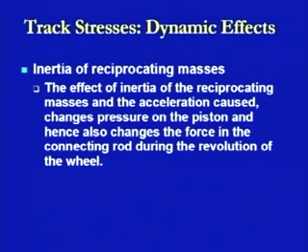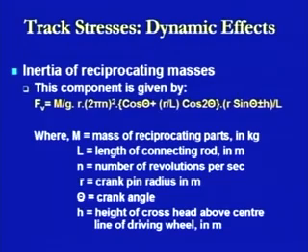There is another case, which is the inertia of reciprocating masses. The effect of the inertia of reciprocating masses and the acceleration caused changes pressure on the piston, and hence also changes the force in the connecting rod during the revolution of the wheel. In this case, this component is given by Fv equals m divided by g multiplied by r multiplied by (2 pi n) whole square.